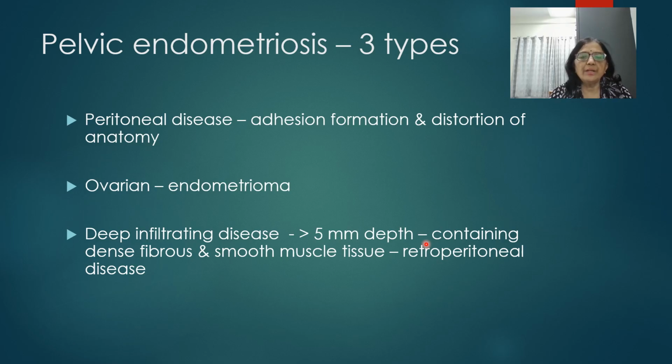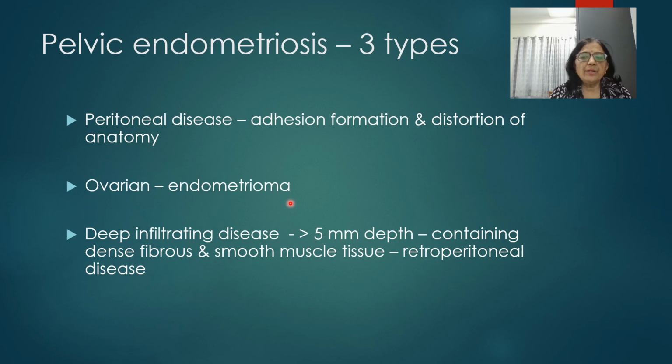Nodules are present in the retroperitoneal space, and on histopathological examination they contain dense fibrous tissue as well as a few strands of smooth muscle tissue. It is mainly a retroperitoneal disease. So these are the three variants: peritoneal, ovarian, and deep infiltrating endometriosis, DIE.